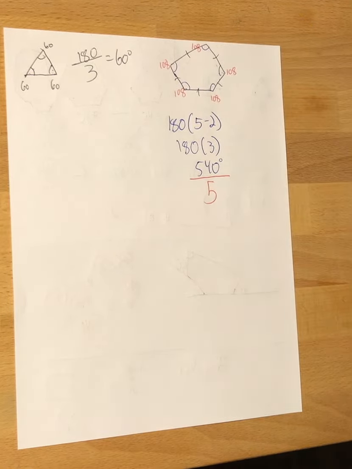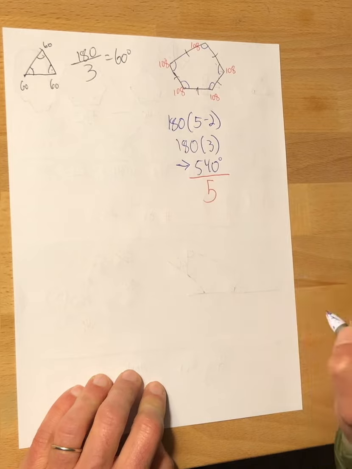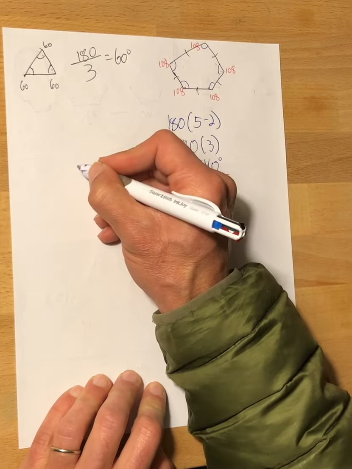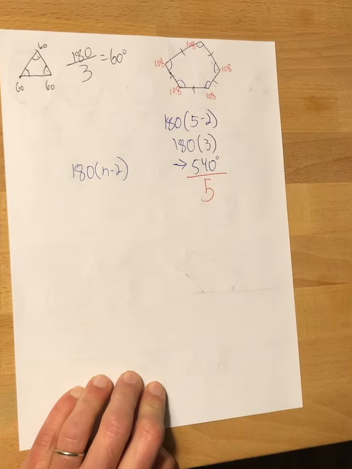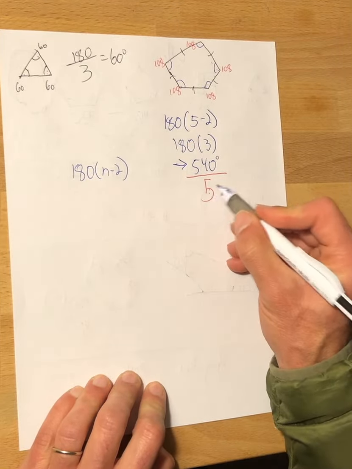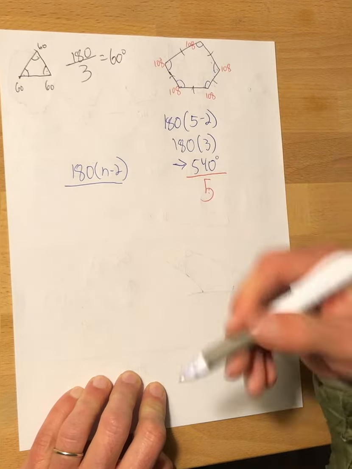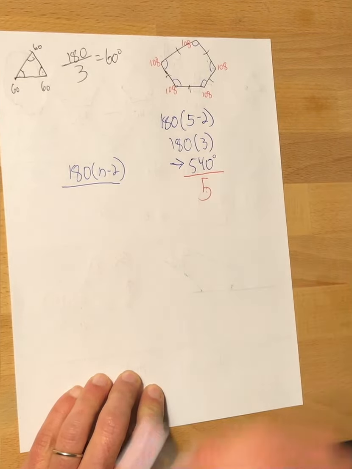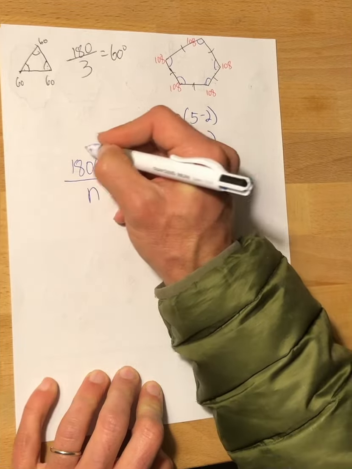Now let me show you what I just did mathematically. How did I find this? I took the formula 180 times n minus 2. And what I did, I divided it by the amount of sides. What is the side in the formula? It's the n. So I took this answer and I divided it by the amount of sides.